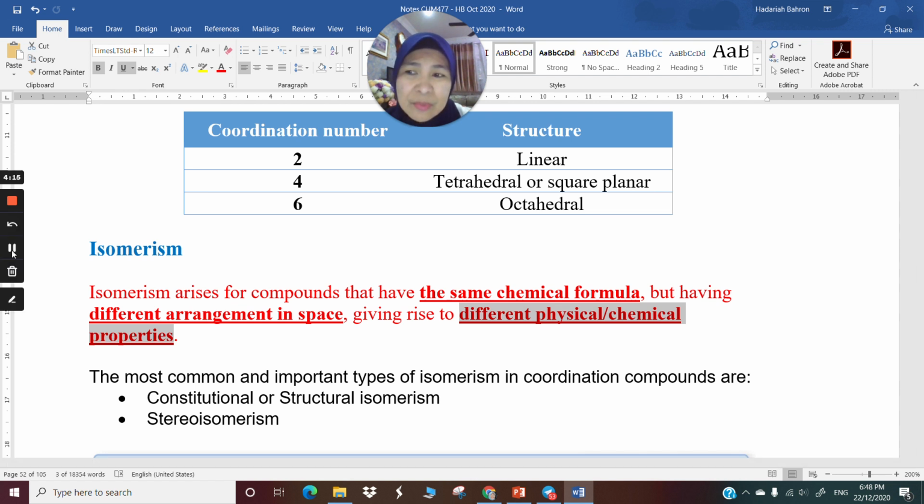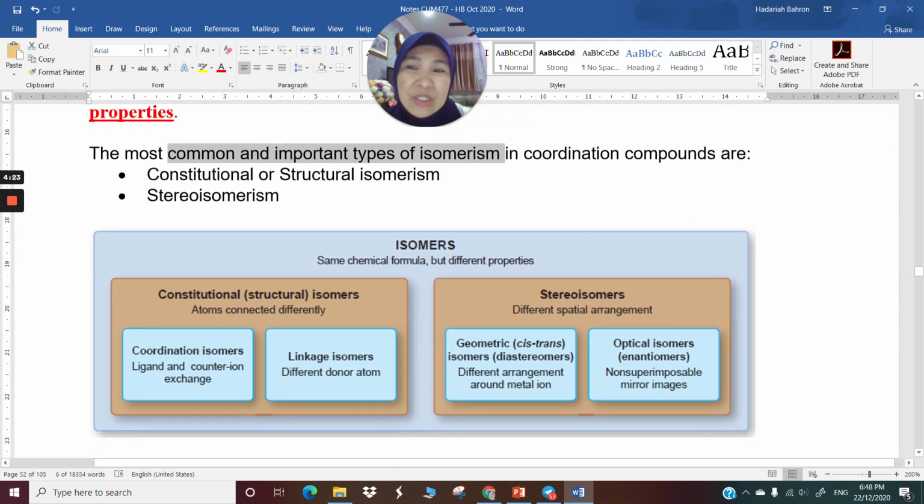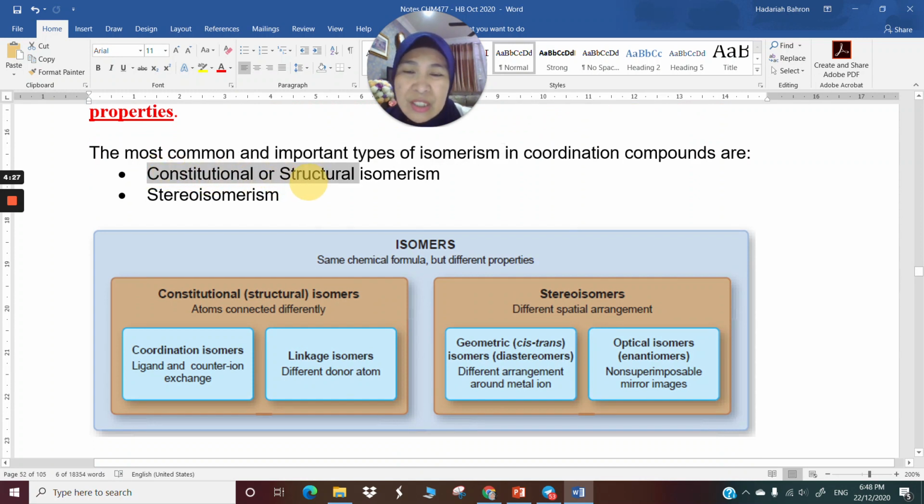chemical and physical properties. The most common and the most important types of isomerism in coordination compounds are two types. One is constitutional, or sometimes called structural, isomerism. The other one is called stereoisomerism. Now let's see what the differences are between them.